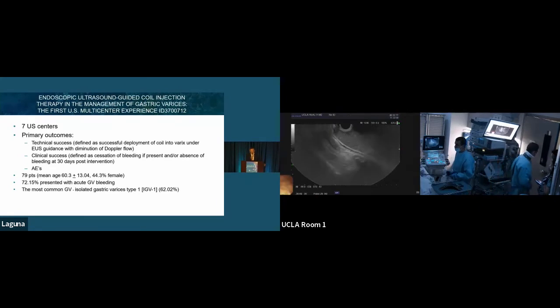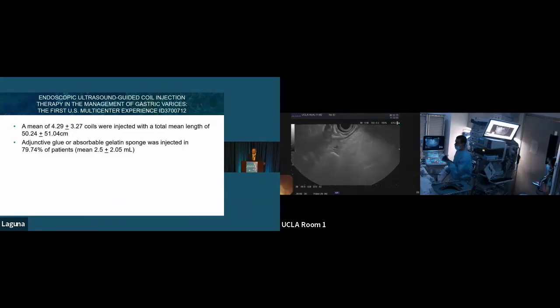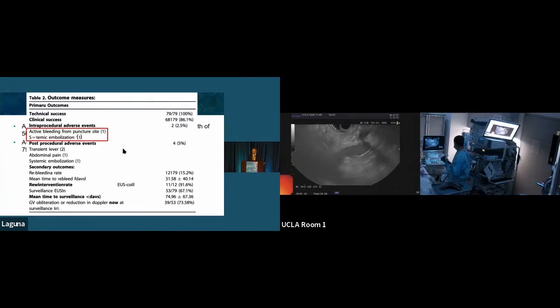Most commonly, these were isolated gastric varices type 1s, so cardiofundal varices. They injected a mean of 4 coils into these varices, and then they injected glue or this absorbable gelatin sponge, or gel foam essentially, into the varix in 80% of these patients.